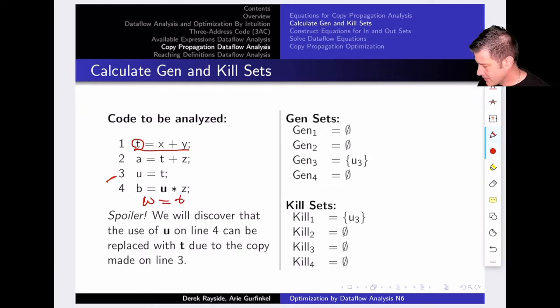So all w's like this would be killed. So any copies that are created of t are killed because t is reassigned. And so we look through our program, we see only one statement that can create a copy, and this corresponds to u3 because that's a u at line 3, and that becomes our kill set.